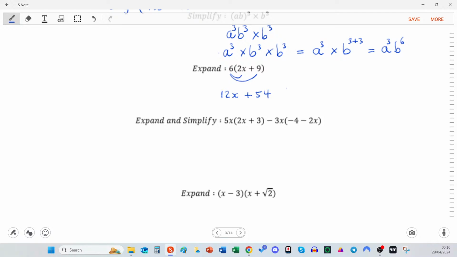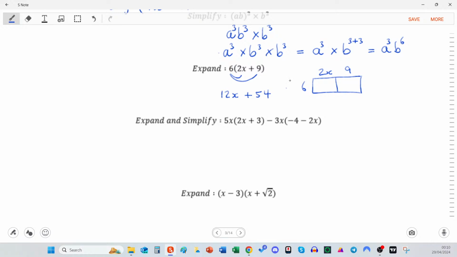Okay, so I've done it. But I want to introduce some method here that I find helps. Every time you multiply two things together, you're essentially finding an area. So you can write this as an area where you have 6 as a width here, and the length is the addition of these two parts here. So 2x and 9.